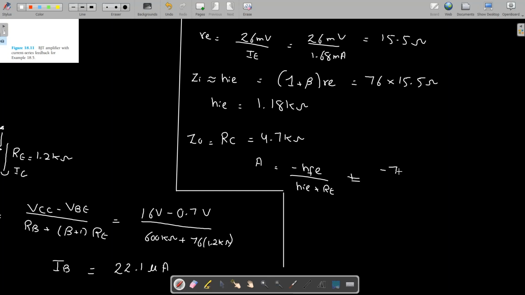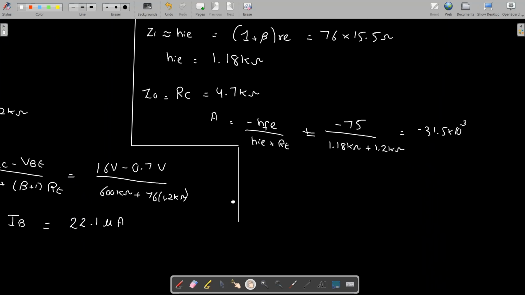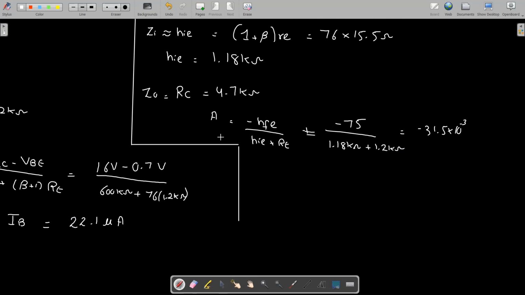We know that. So we are going to have minus 75 divided by the HIE which we found out, which is the input impedance 1.18 kilo ohm, plus the RE which is given to you, which is 1.2 kilo ohm. So this comes out to be minus 31.5 multiplied by 10 raised to power minus 3. Right? So this is the gain without feedback. This is not the voltage gain, but this is the gain for the current series feedback. Your output is current and the input is voltage. So we have found out the without feedback portion.